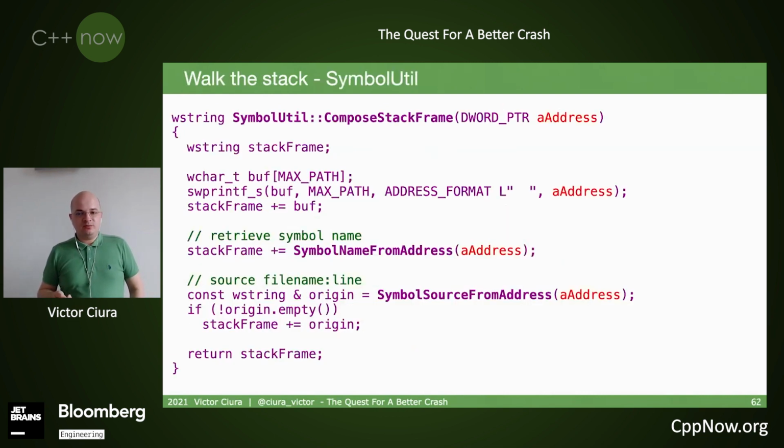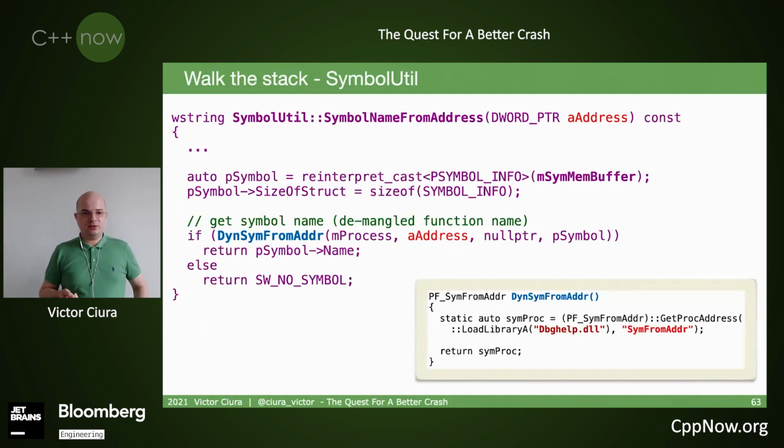So compose stack frame receives an address, that's about it. And again, we use the symbol APIs from the ImageHlp library, for example, SymFromAddr and SymGetLineFromAddr to get the name and origin. Origin meaning file name and line number.